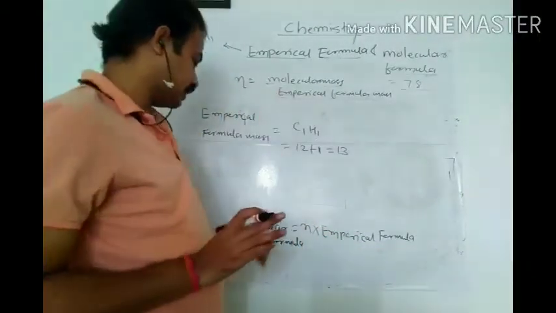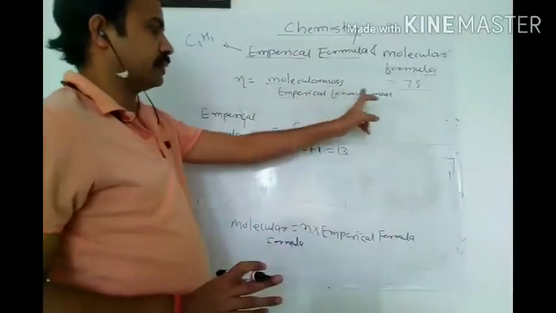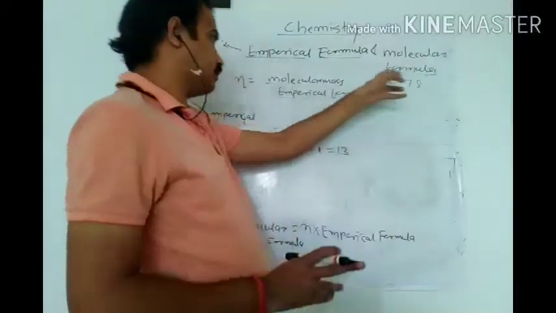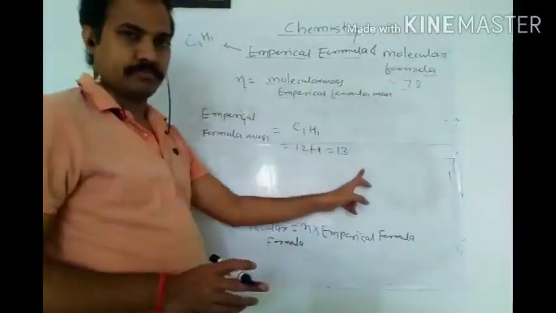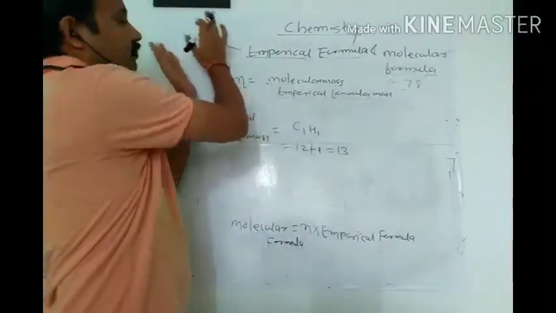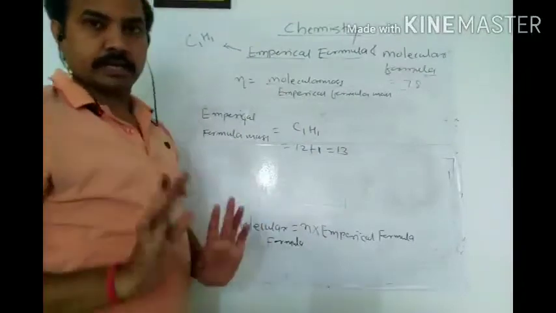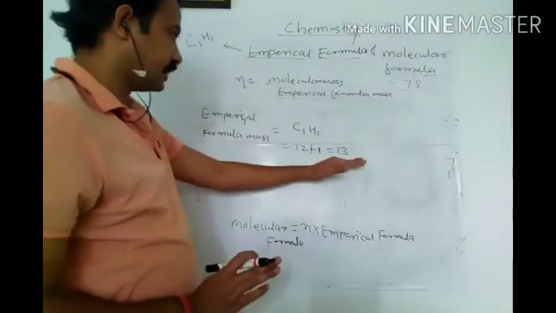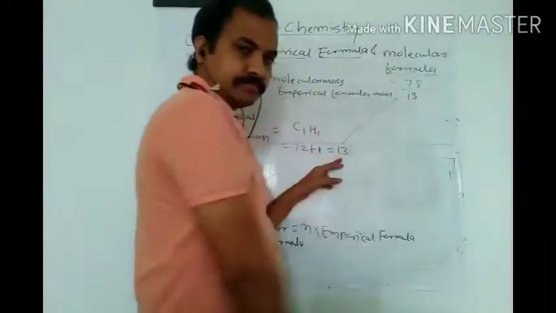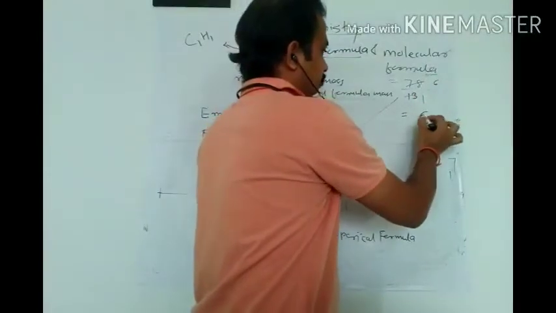N is the molecular formula index, which is equal to molecular mass divided by empirical formula mass. The molecular mass is given in the problem as 78, and the empirical formula mass is calculated in this way. Once you get the value as 13, I put this value here. 13 times 6 is 78, so it becomes 6.